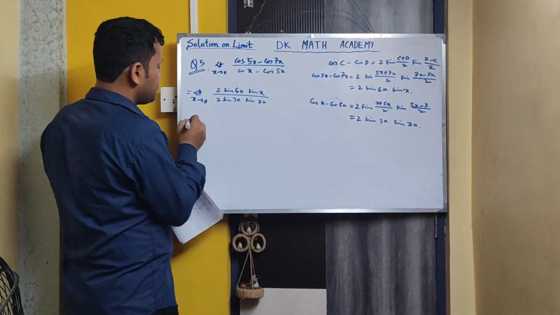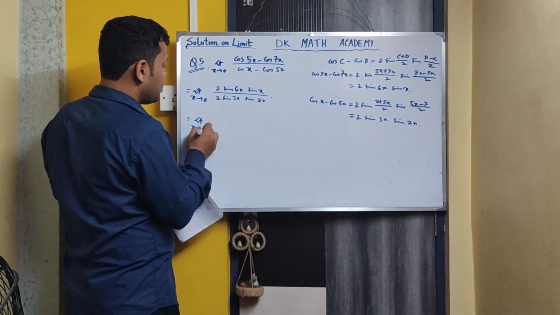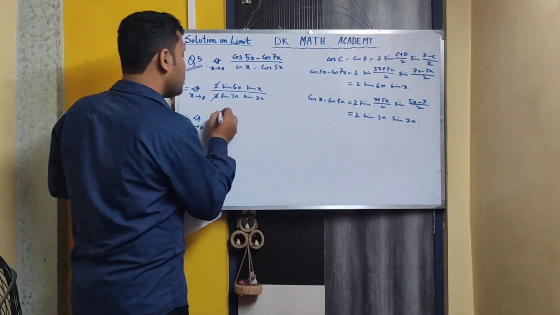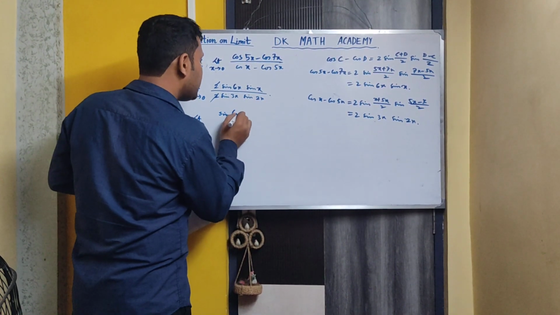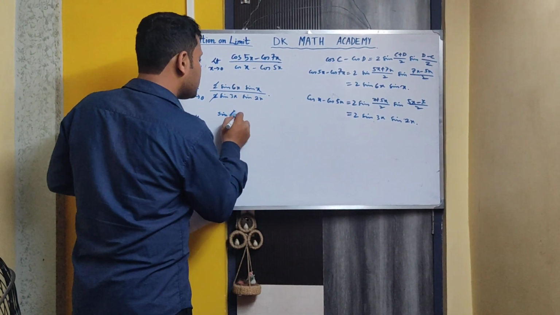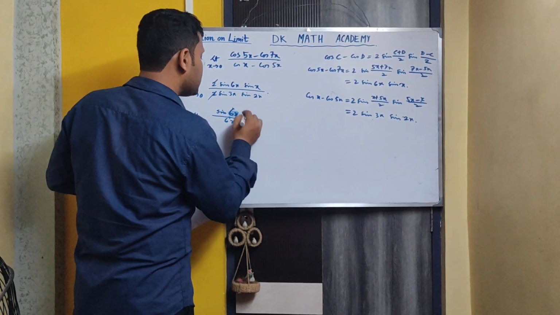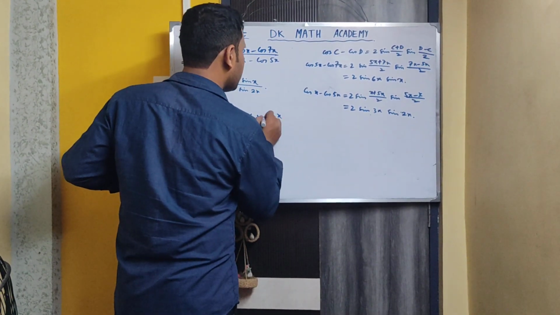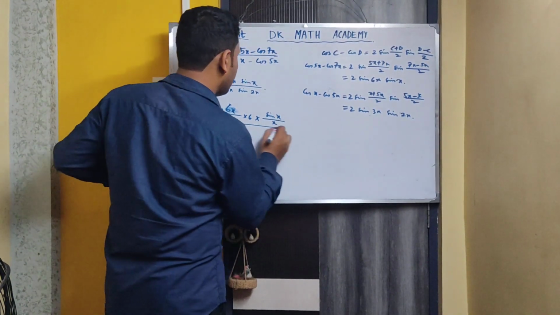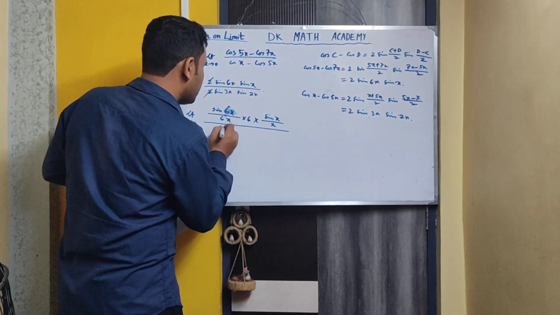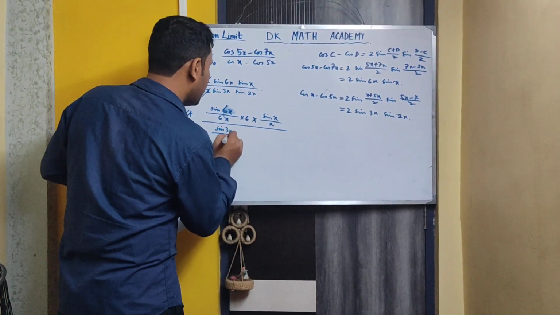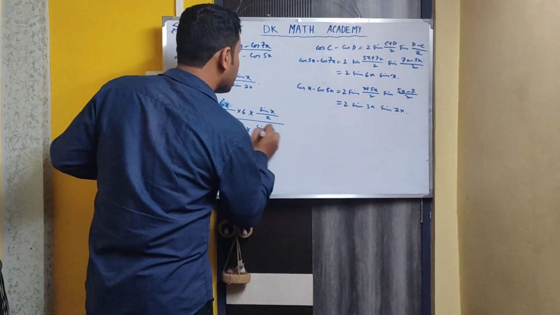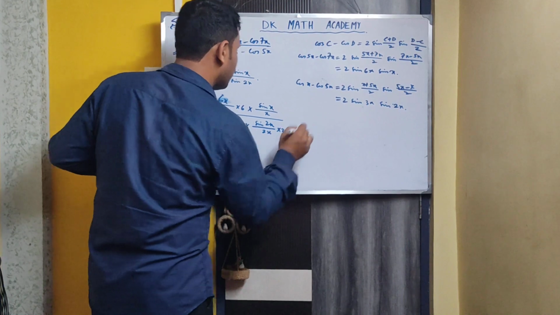That means sin 6x by 6x into 6 into sin x by x divided by sin 3x by 3x into 3 into sin 2x by 2x into 2.